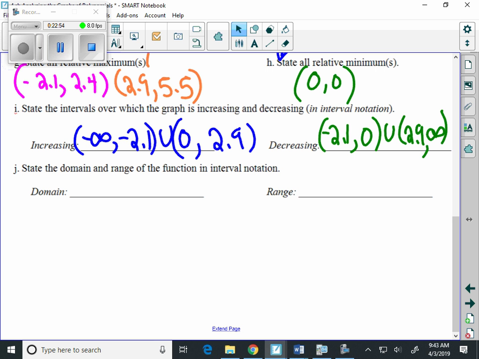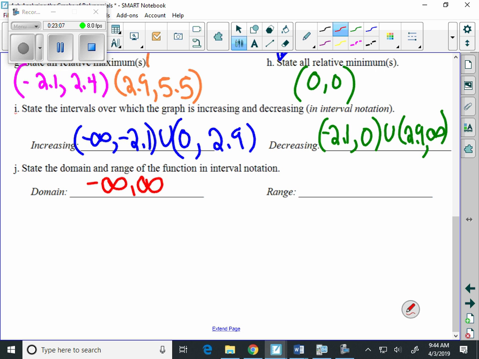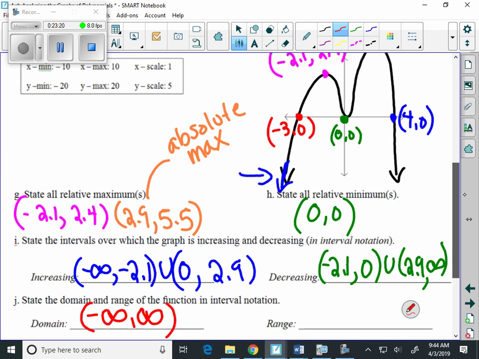Lastly, our domain of our function. Well, most of the values of domain in Algebra 2 are going to be all real numbers. And this one is no different. The range is not all reals on this one. And again, when you're thinking about range, you need to ask yourselves, do we have a high point or do we have a low point on the graph?